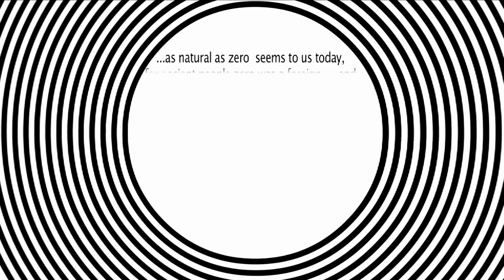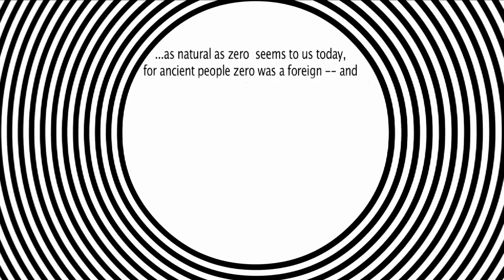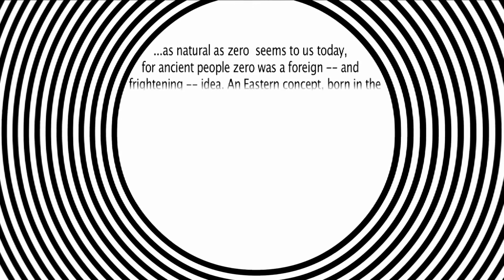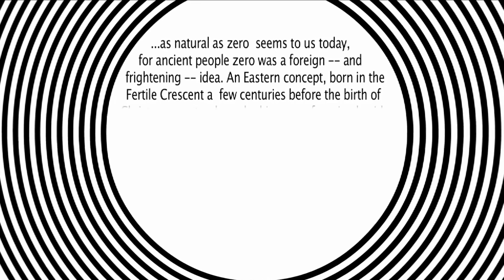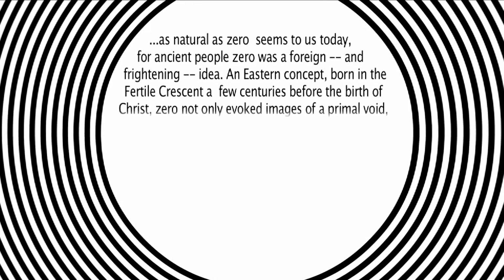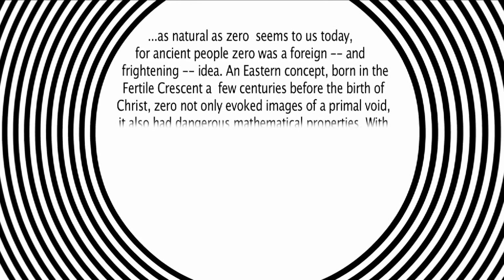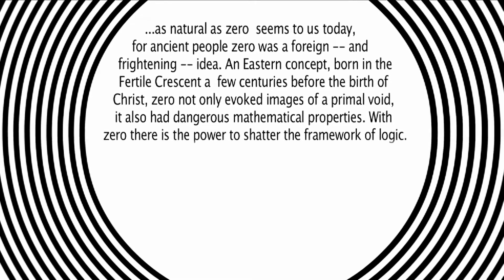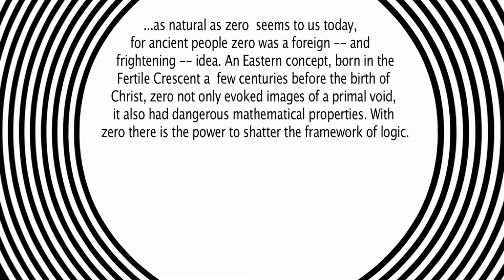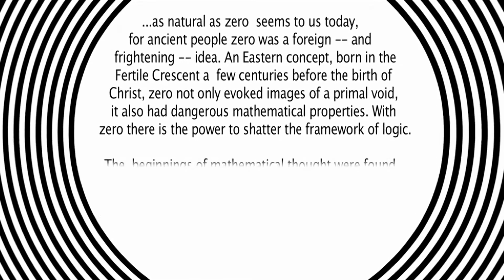As natural as zero seems to us today, for ancient people zero was a foreign and frightening idea. An Eastern concept born in the Fertile Crescent a few centuries before the birth of Christ, zero not only evoked images of a primal void, it also had dangerous mathematical properties. With zero, there is the power to shatter the framework of logic.